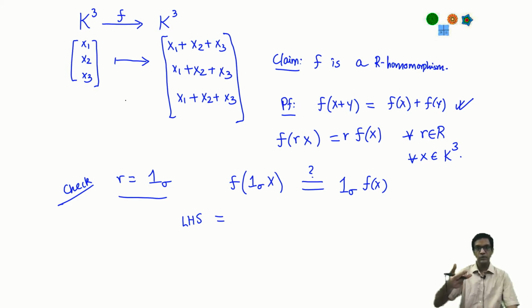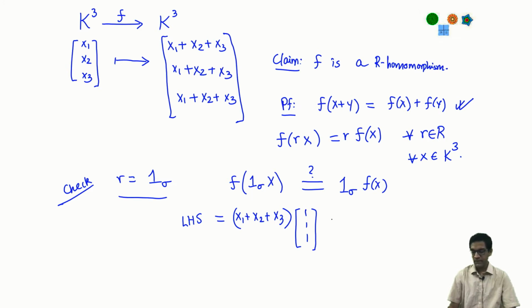If I permute the 3 coordinates and then sum them up, that's the same as the sum I get without permuting the coordinates. It's the same answer anyway. So the left hand side is x sigma inverse 1 plus x sigma inverse 2 plus x sigma inverse 3 in each component, but that's the same as just the sum x1 plus x2 plus x3, multiplied by the vector 1, 1, 1. That's the same as this function f. So I can compute it like this.